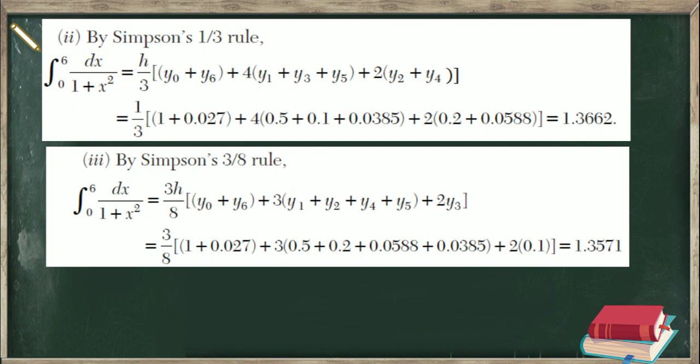Here y6 is also a multiple of 3, but y6 is the last ordinate, so never take y6 again. Substituting all the values in this formula, we get the answer 1.3571. So by Simpson's 3 by 8 rule, the integral is 1.3571.